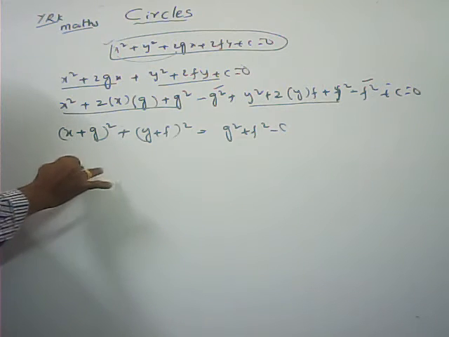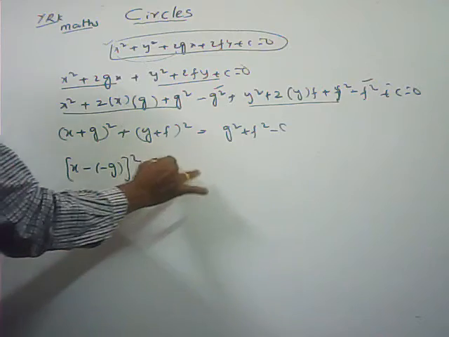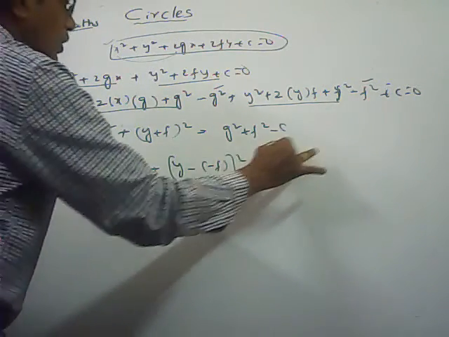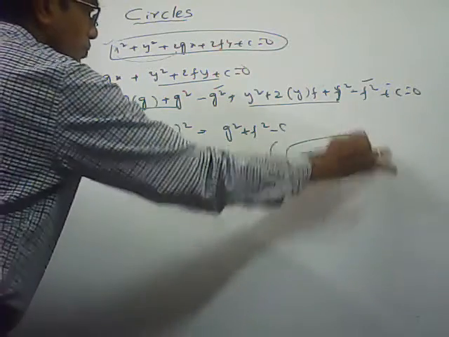This one I can write (x minus of minus g) whole square plus (y minus of minus f) whole square is equal to root of (g square plus f square minus c) whole square.